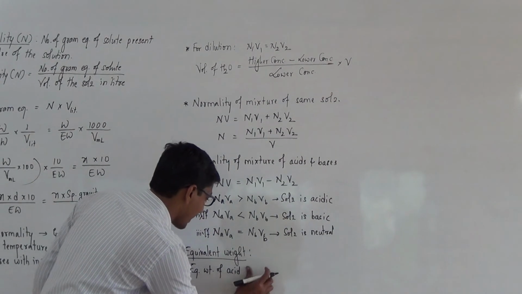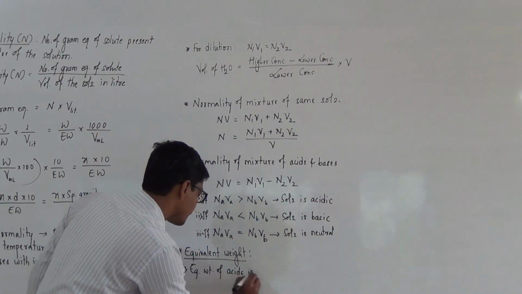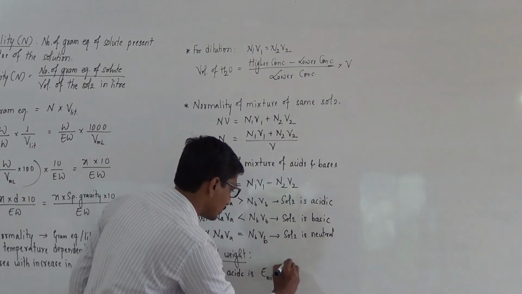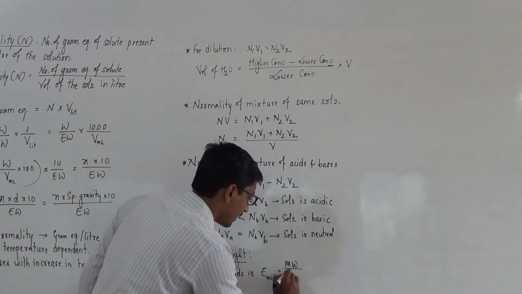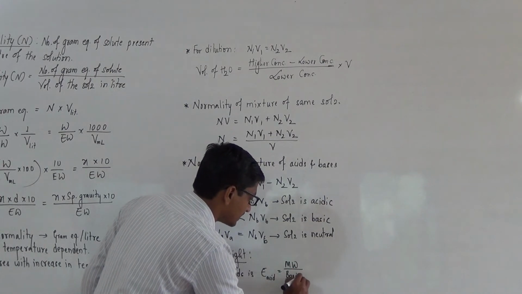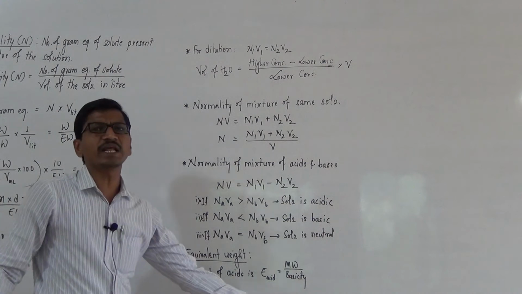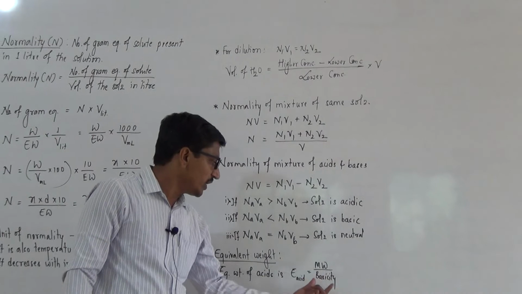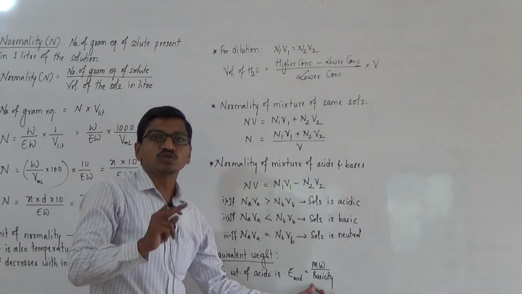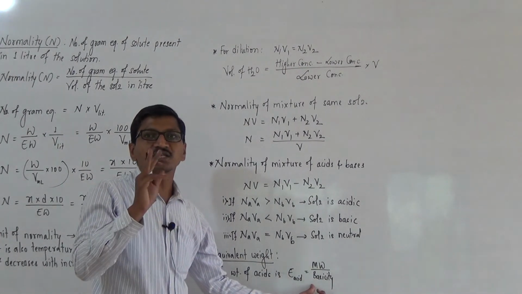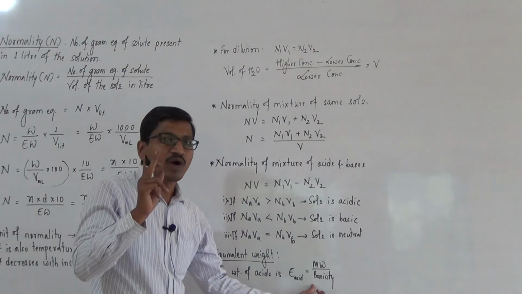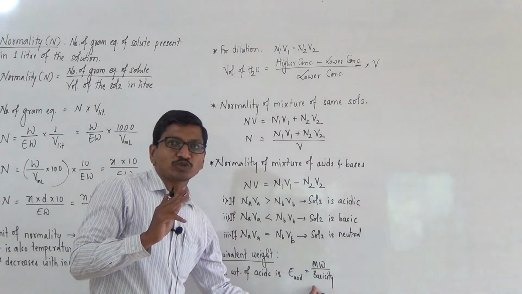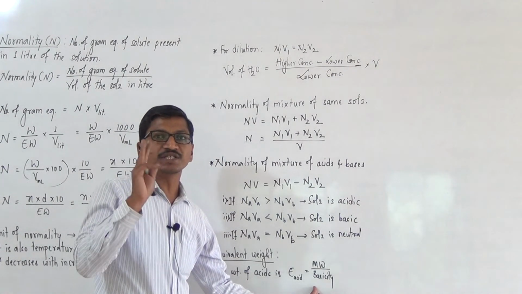Equivalent weight of acids, E acid or EW acid, is equal to molecular weight divided by basicity. Basicity is nothing but the number of replaceable hydrogen atoms in an acid. For HCl and HNO3, the basicity is 1, H2SO4 basicity is 2, acetic acid basicity is 1, oxalic acid basicity is 2, then orthophosphoric acid basicity is 3.